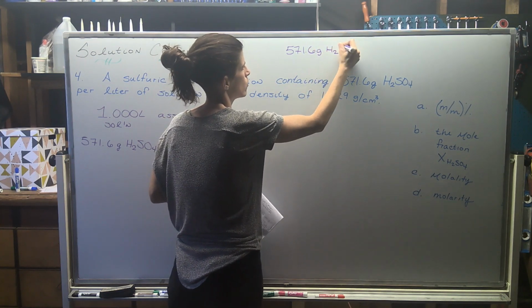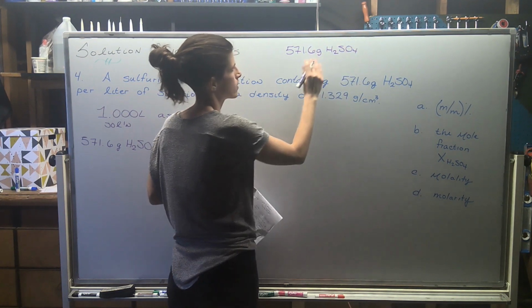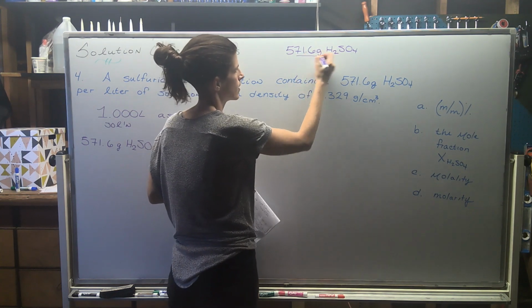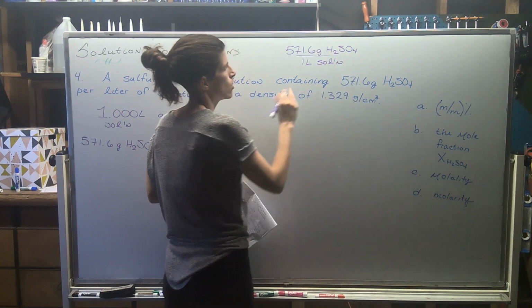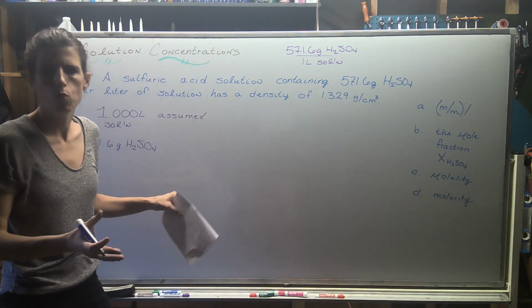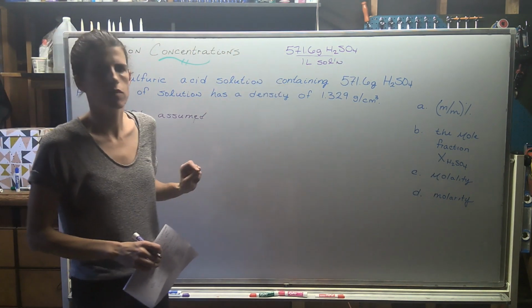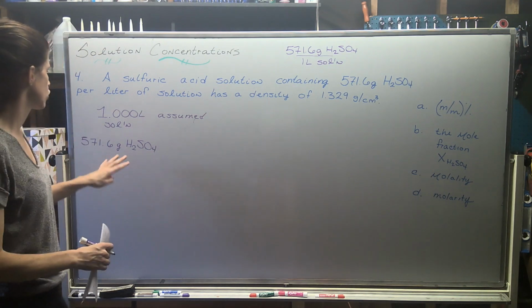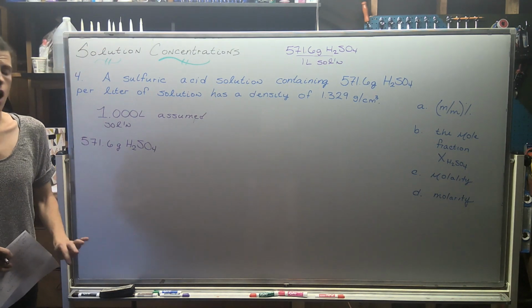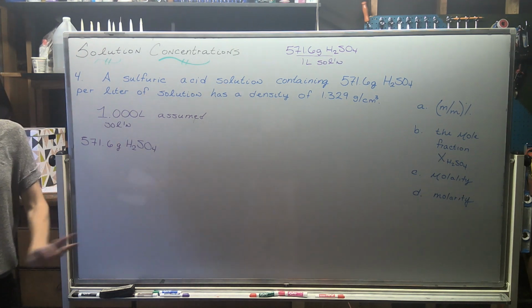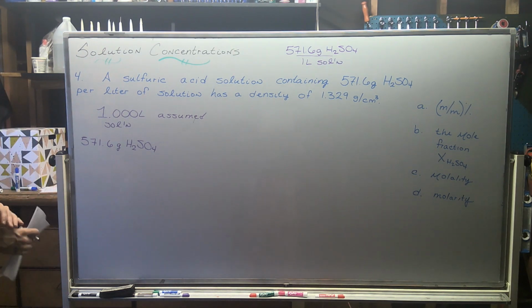So there's 571.6 grams of sulfuric acid in 1 liter of the solution. So assume whatever amount you want, and then use the conversion factor to extract the grams of sulfuric acid that'll be in the amount that you're using. At the end of the day, we're going to get the same answers though.